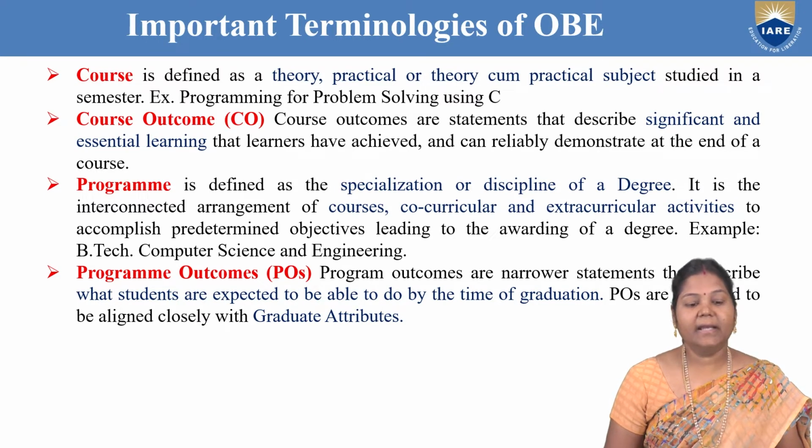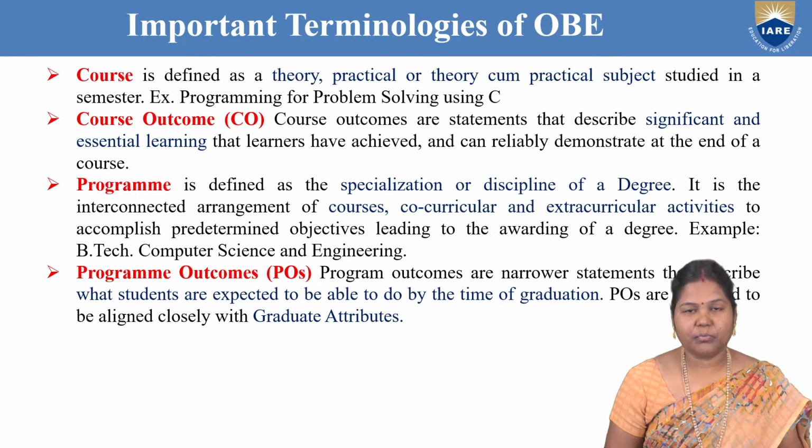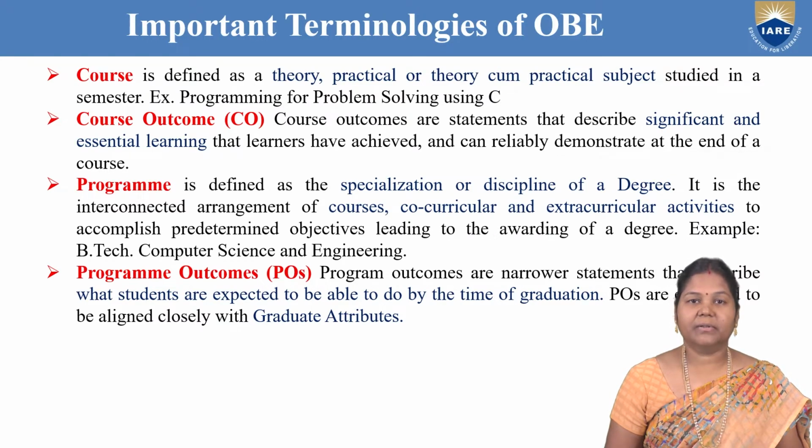It is the interconnected arrangement of courses, co-curricular and extracurricular activities to accomplish predetermined objectives leading to the award of the degree. For example, if a student is studying BTech Computer Science and Engineering, then there are a number of prescribed theory and laboratory subjects.